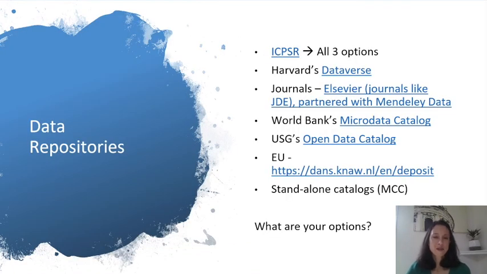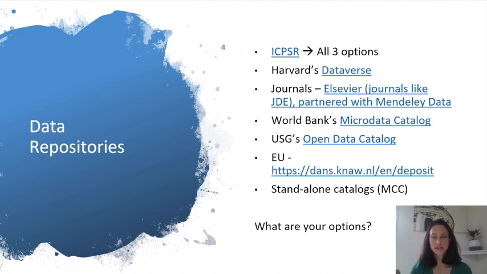So I flagged for the group, sometimes you don't have an option in terms of the data repository that you can use, but sometimes you do. Carefully observing and understanding what's out there matters, since some data repositories can offer it all.